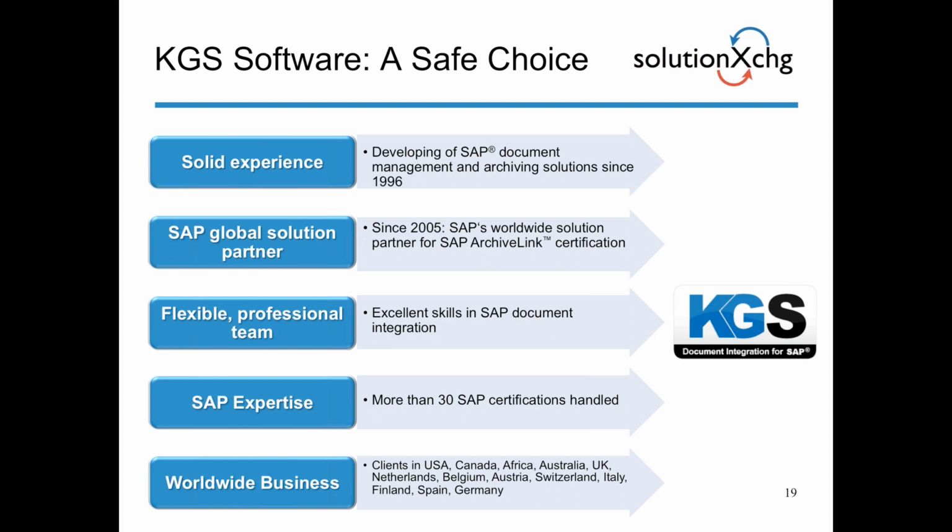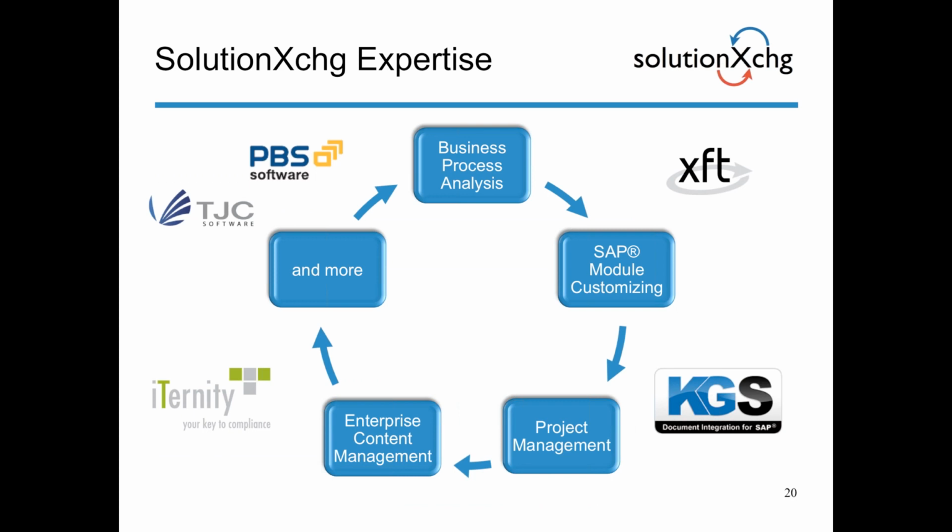Clients all over the world, in the US, in Canada, Africa, Australia, the UK, Netherlands, Belgium, Germany, Finland, Spain, Italy, Switzerland, use the system, and solutionXchg, with our expertise, is your KGS partner in North America.